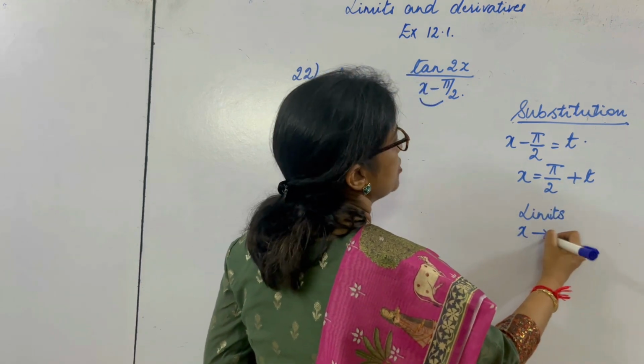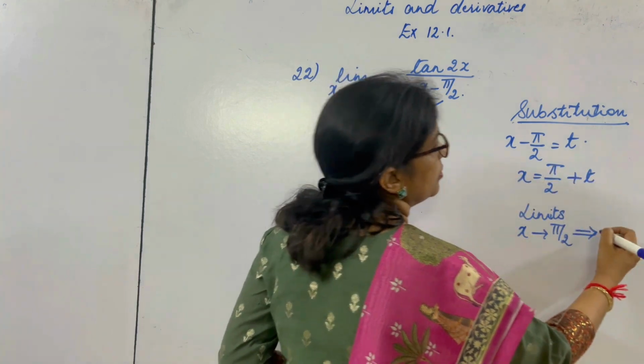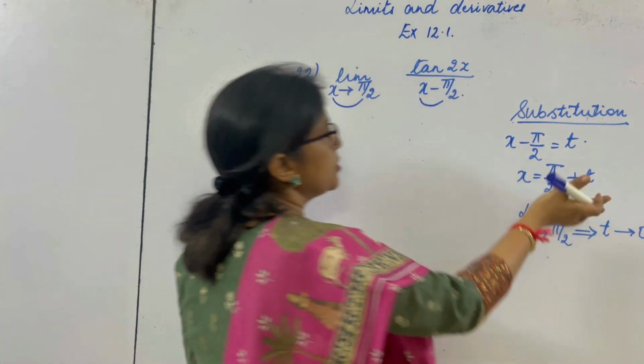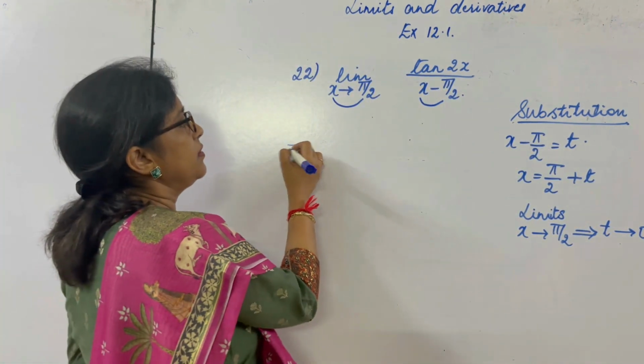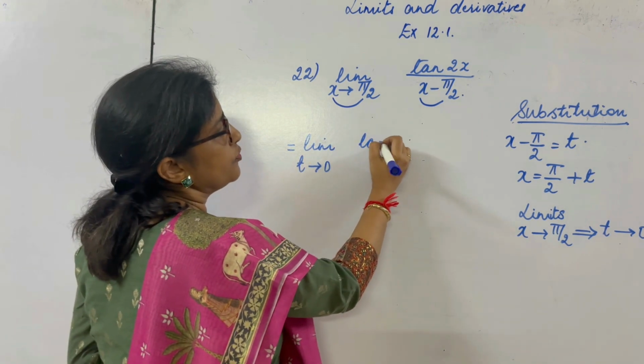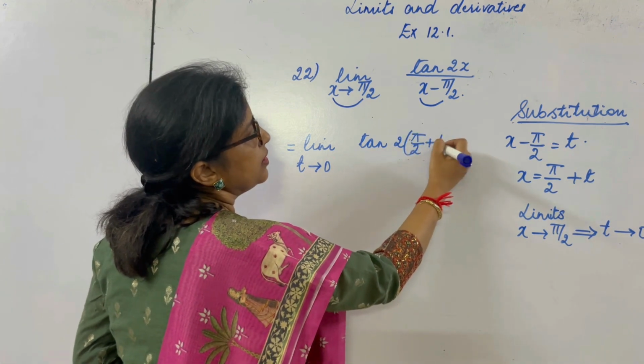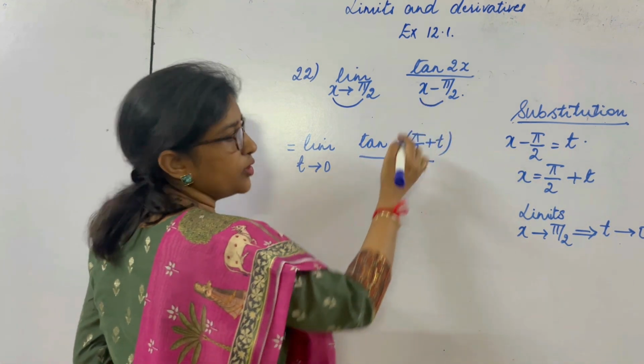So when x tends to pi by 2, that means if you substitute x as pi by 2, t will tend to 0. Let's put all these values here. T tends to 0, tan of 2 into x value, which is pi by 2 plus t, denominator is x minus pi by 2, which is t.